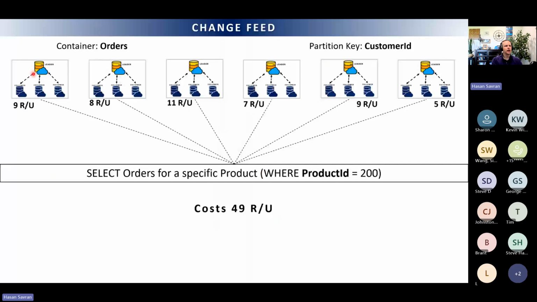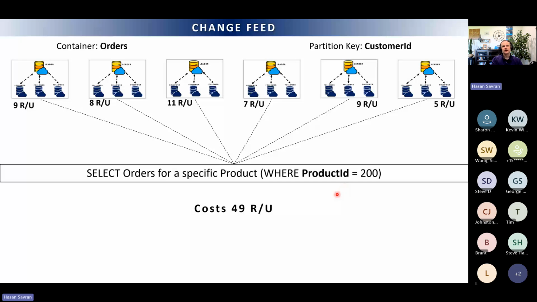Let's say we have a container named orders, and our partition key is customer ID, and it looks like I have 2, 4, 6 physical partitions here. Everything is great if I have the customer ID. If I don't have the customer ID, for example, if I am looking for all the orders for a specific product, which is a valid query.